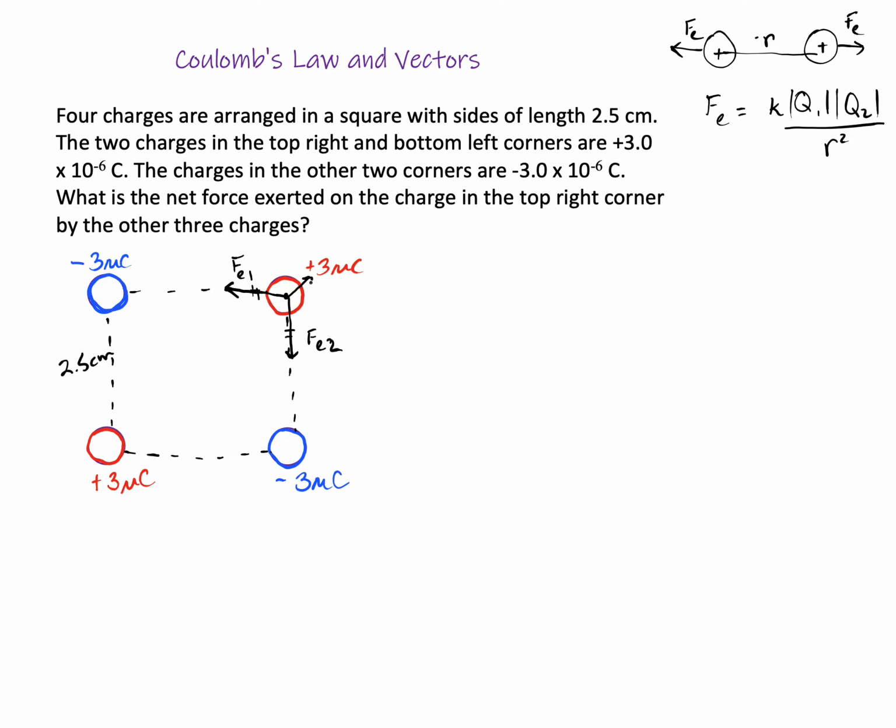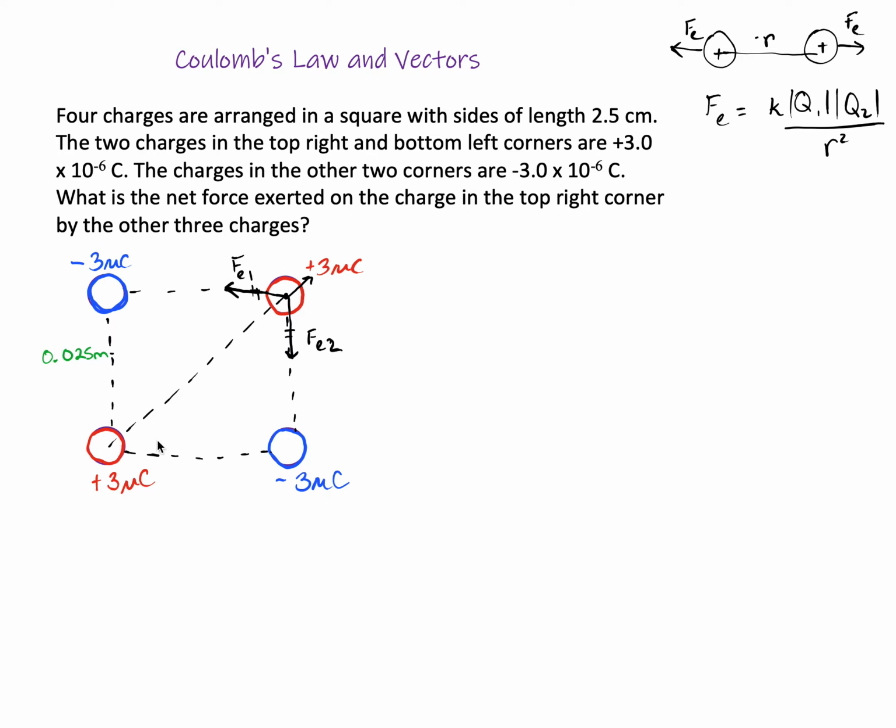And then this one over here, that's the positive 3 microcoulomb charge, is going to repel this one. But the arrow should be slightly smaller, and the reason for that is that it's slightly further away, because this is a hypotenuse or a diagonal, which means that it's a greater distance. So if I go ahead and just change this to meters, this would be 0.025 meters.